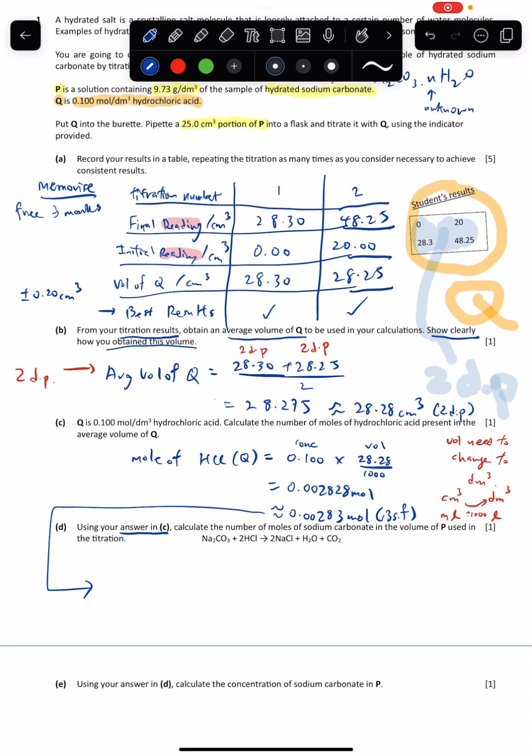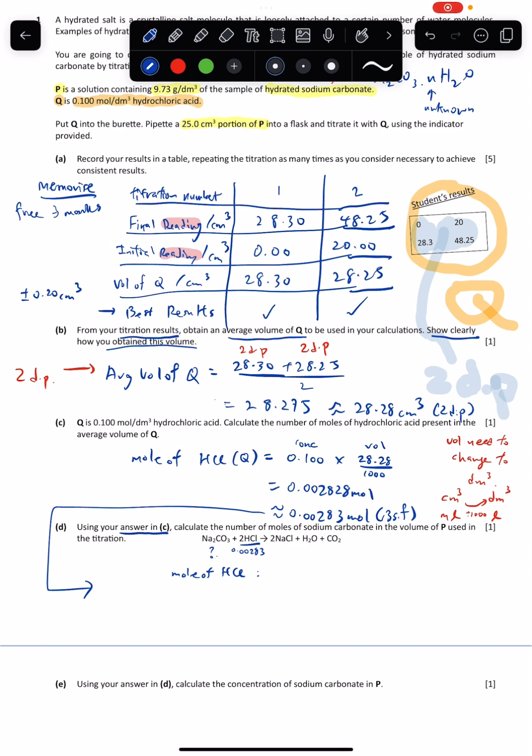So you have basically 0.00283 mole of HCl. You are supposed to find this. Okay, my recommendation is you write out, and when I write out, I'm very intentional. I'll write out whatever I have first. So mole of HCl. I have HCl, right?